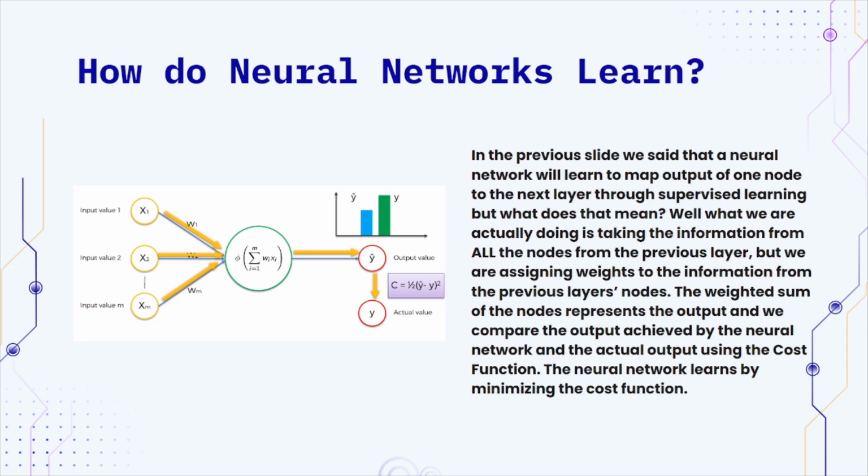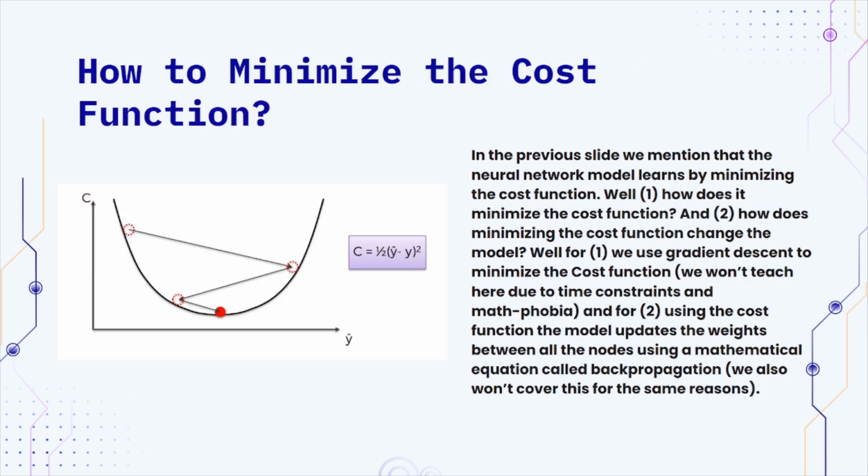So how does it do it? How does it minimize the cost function, and how does minimizing the cost function change the model? This is called gradient descent. There are different types of gradient descent, like stochastic gradient descent, and other things as well, and they're very mathematically complex.